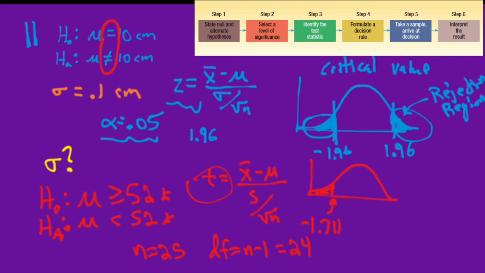Now again, notice because this is a one-sided test, we could have a positive 2.5, and that wouldn't be in the rejection region. The rejection region is only on this one side, because anything greater than 52,000 is not going to be evidence against the null hypothesis.